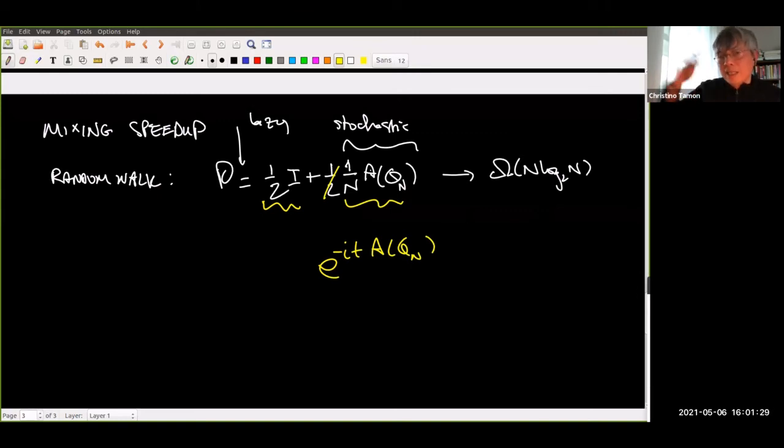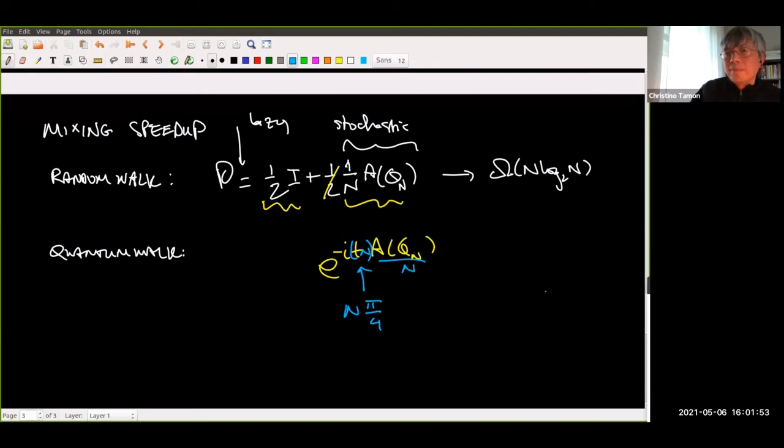But to compare things that are fair, I have to scale this matrix also. So when we scale this by n, I have to put an n here. So then the time here, t times n, is going to be n pi over 4.